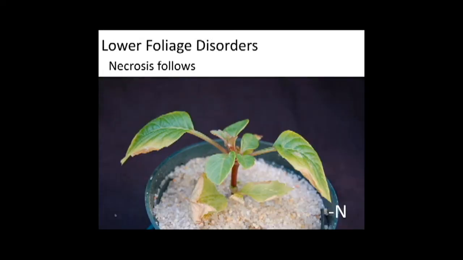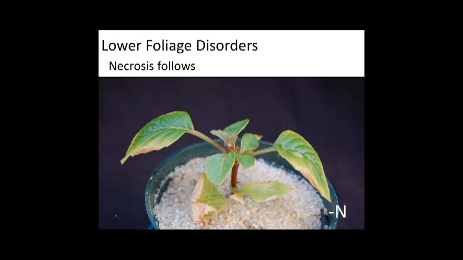As things advance, you can see here that the necrosis has expanded on those leaves that were initially yellow. This is about 2 weeks later on some of the similar plants. And those symptoms also start working their way up the plant. That's because nitrogen is a mobile element. So it will mine the nitrogen out of the lower leaves and move it up to the growing tip.